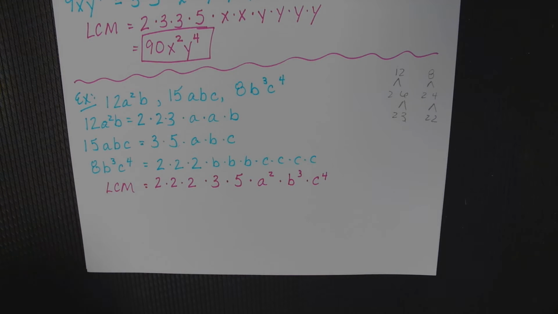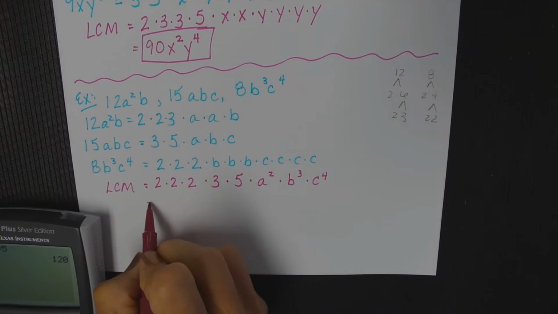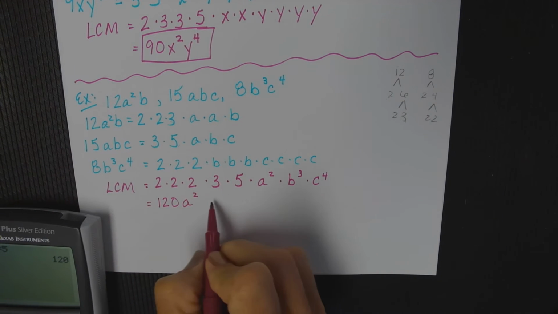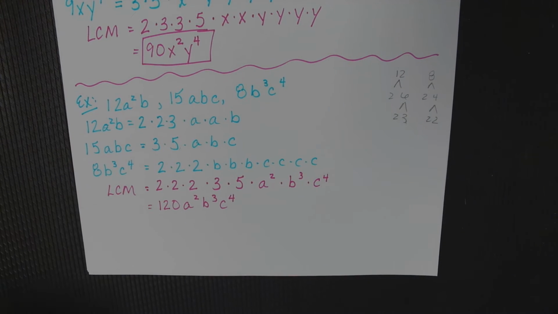So now we have to multiply, and I'm not that sharp. I got 120. So you have 2 to the third, yeah, 8, 120. Yeah. 120 a squared b to the third c to the fourth.